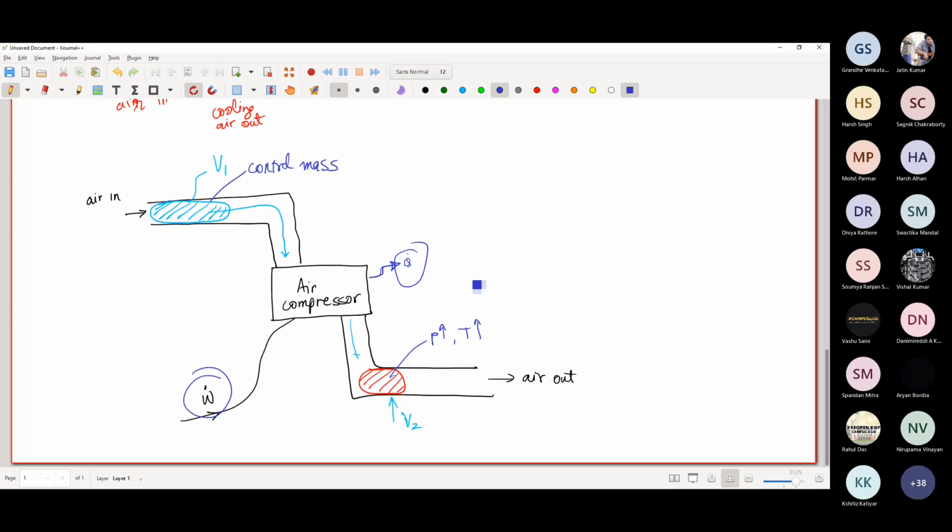In certain problems, it will be just a few lines of calculation if you do it using a control volume. For certain problems, it will be just a few lines of calculation using control mass. And it will be quite obvious. You don't need to worry about how to know what to use, where to use. It will be very obvious.